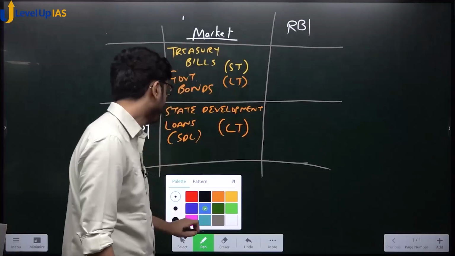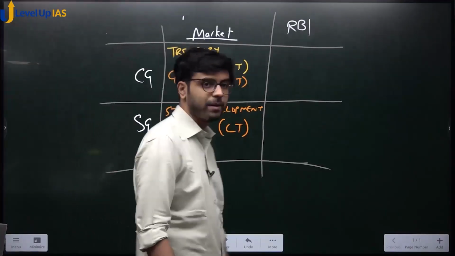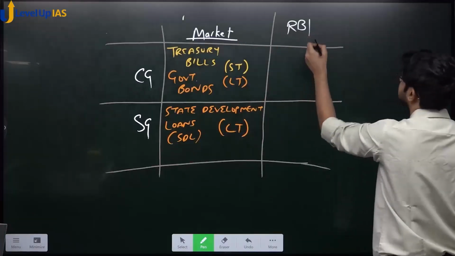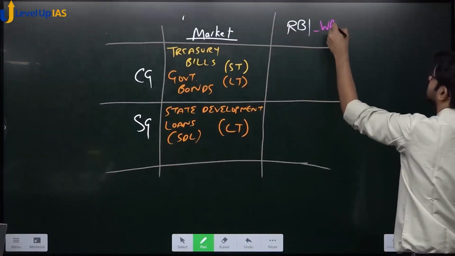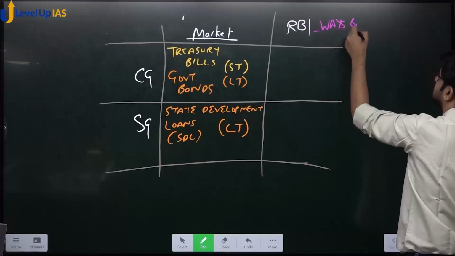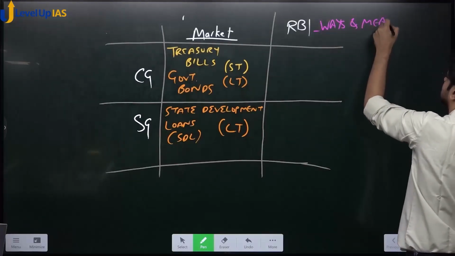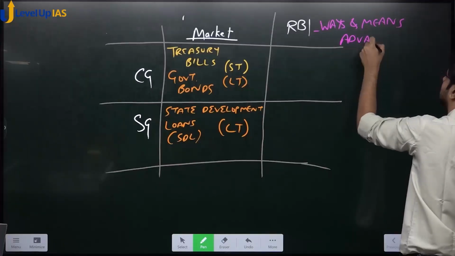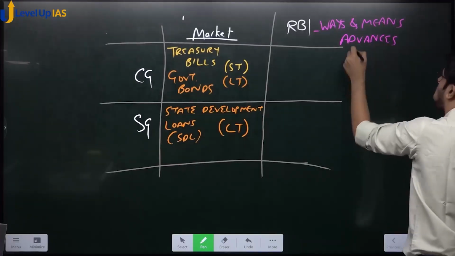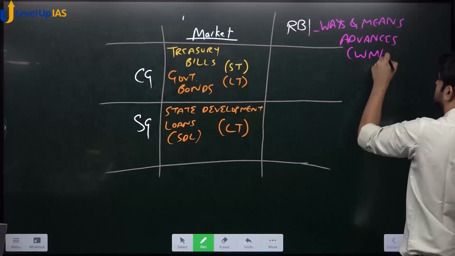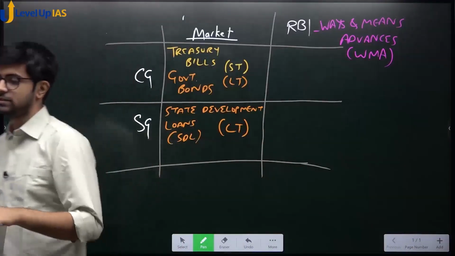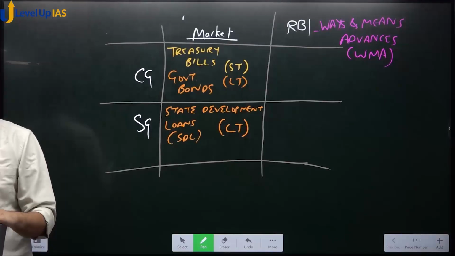The funds which are given by RBI are called ways and means advances.